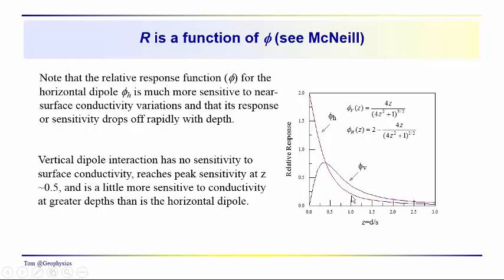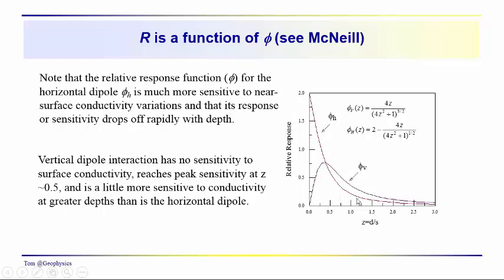It would be 10 meters for the EM34 with a 10 meter intercoil spacing. So these Z's are related to depths, but it depends on what the intercoil spacing is. And we're going to be assuming a vertical dipole orientation, so we'll be working with this curve here.